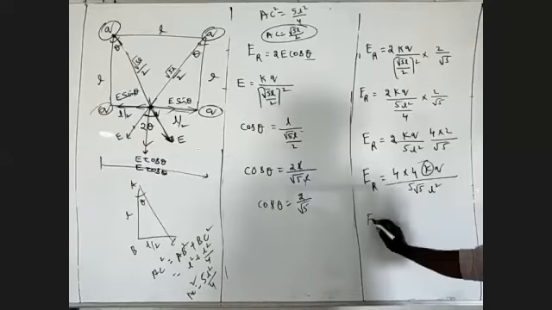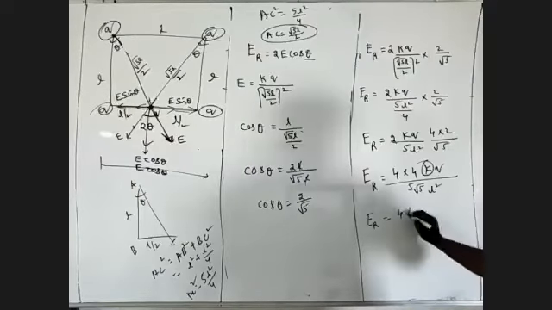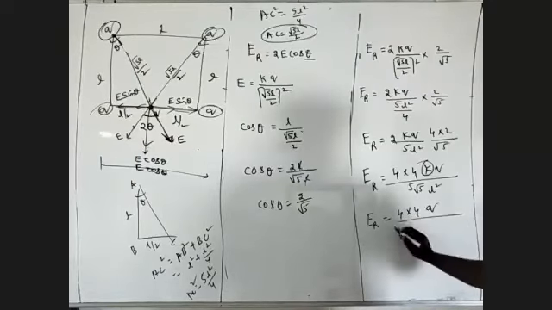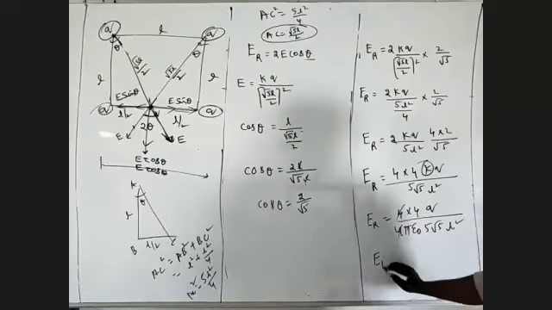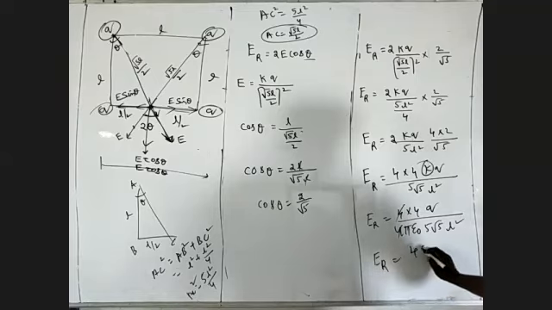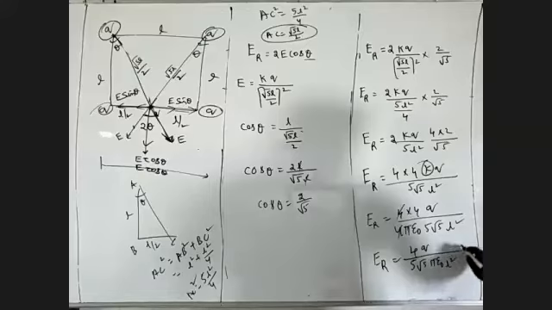K means 1 by 4 pi epsilon naught, 5 root L whole square. Now 4 cancel each other. Resultant electric field is equal to 4 q³ by 5 root 5 pi epsilon naught L². This is the answer.